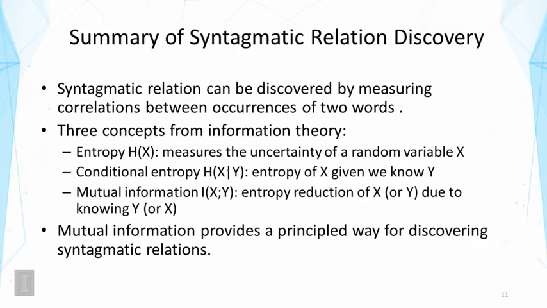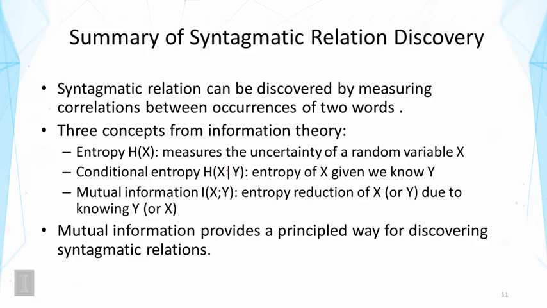So this would give us another way to represent the context of a word, like a cat. And if we do the same for all the words, then we can cluster these words or compute the similarity between these words based on their context similarity. So this provides yet another way to do term weighting for paradigmatic relation discovery.